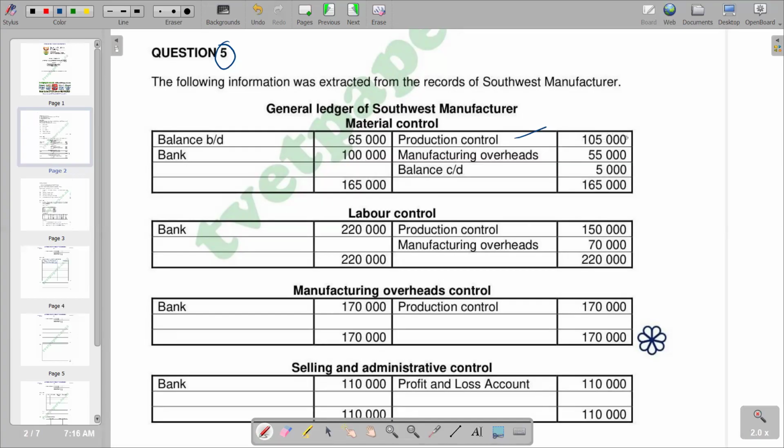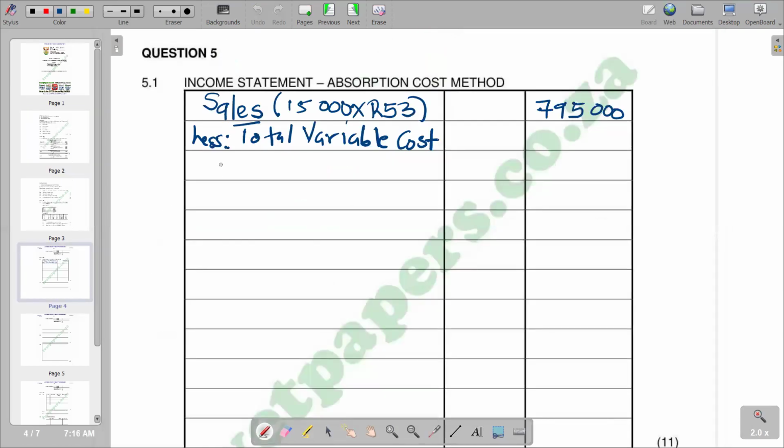We've got 105,000 being a variable cost in terms of direct material. So we come to the other section and say direct material, 105,000. So we list it here.